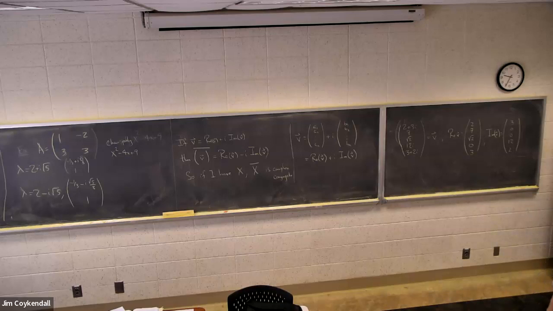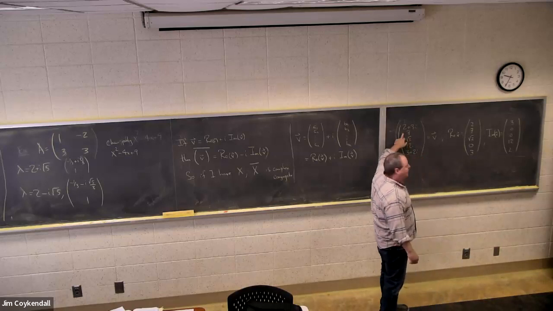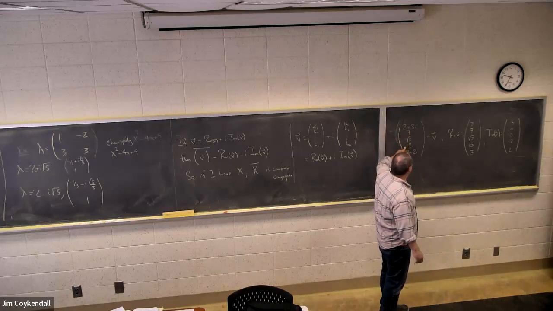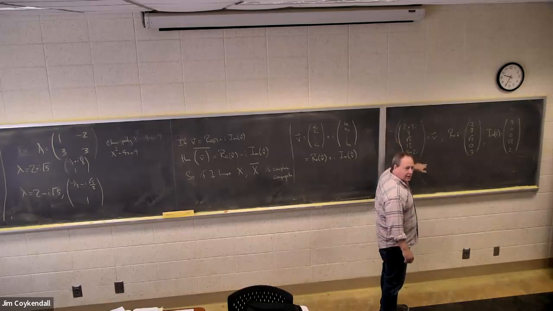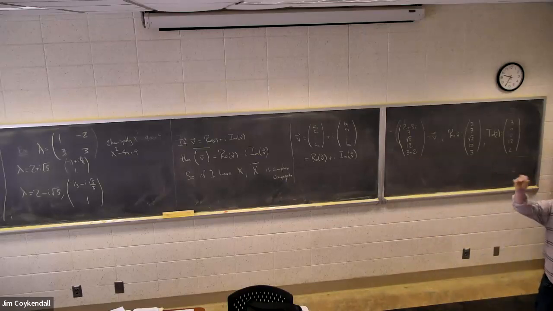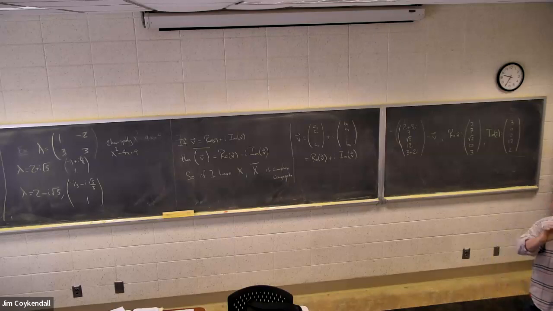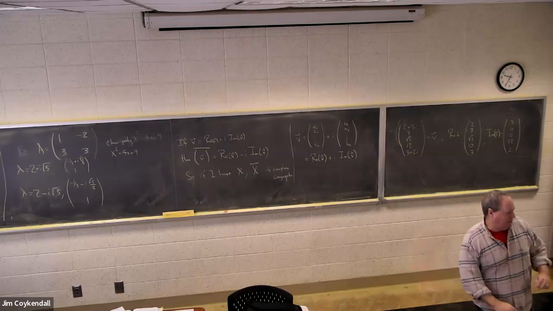For example, if I have the complex number 1 plus i, its complex conjugate will be 1 minus i. For this vector, the complex conjugate is 2 minus 3i, 7 radical 2 minus 12i, 3 minus 2i. I can also take the complex conjugate of a matrix by taking the complex conjugate of all the elements in the matrix.